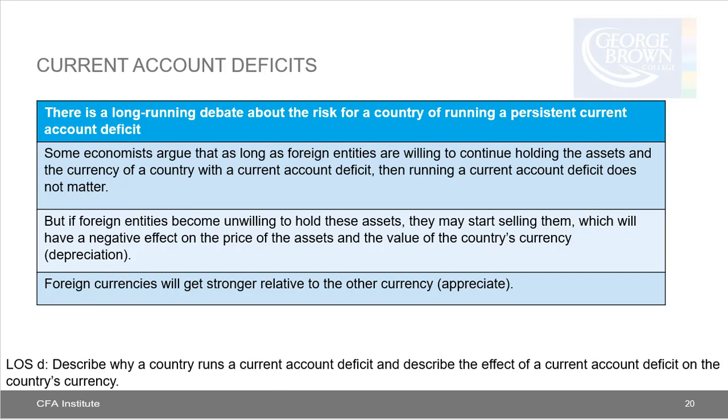In addition, they may decide to convert their US dollars into other currencies, which will cause a depreciation of the US dollar relative to other currencies. Foreign currencies will get stronger relative to the US dollar, a situation referred to as an appreciation of foreign currencies relative to the US dollar.